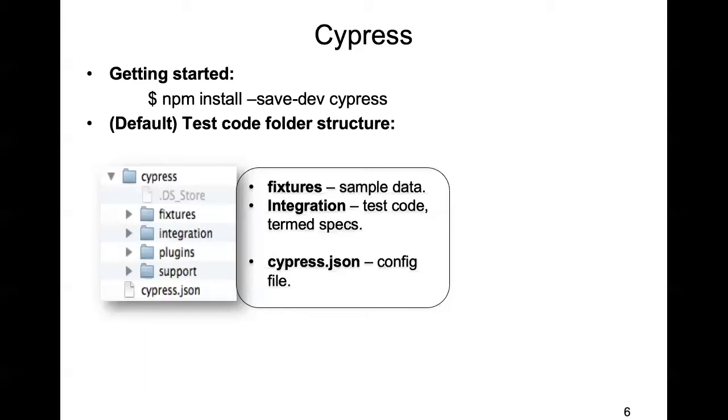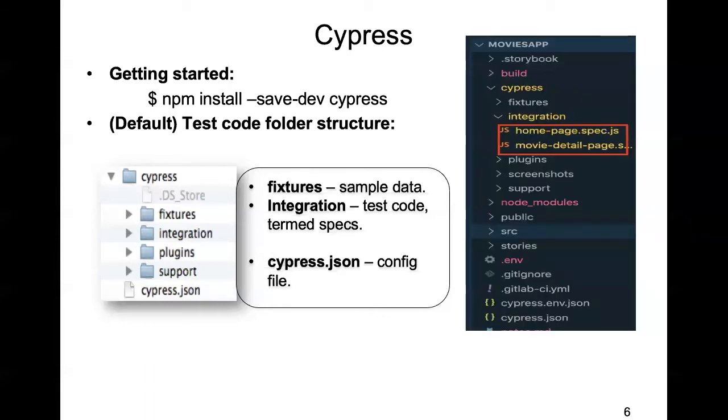In the support folder, you could put your own extensions to the Cypress framework. The last thing there, the cypress.json, is Cypress's configuration file, and we will have to put one or two entries into that configuration file.